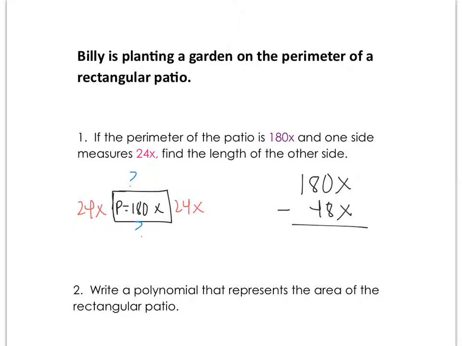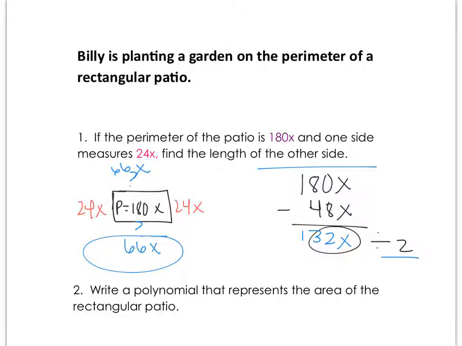And then when we get our answer, since we know both sides are the same, we'll divide it by 2, and that will tell us the remaining side length. So 180x minus 48x is 132x. So if I take 132 and divide it by 2, I get 66x. I'll write that in the right spot, 66x for each side length, and that would be the length of the other side.